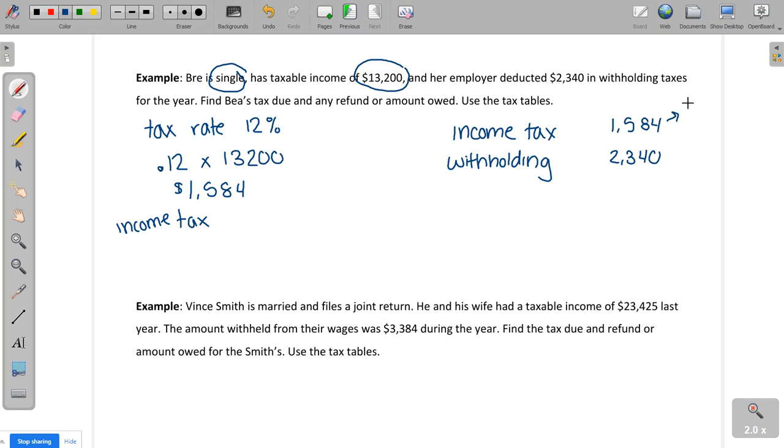Since our income tax is smaller, we get a refund. So we're going to subtract the two amounts to see how much back we are going to get. We're going to get $757 back from the government in a refund.